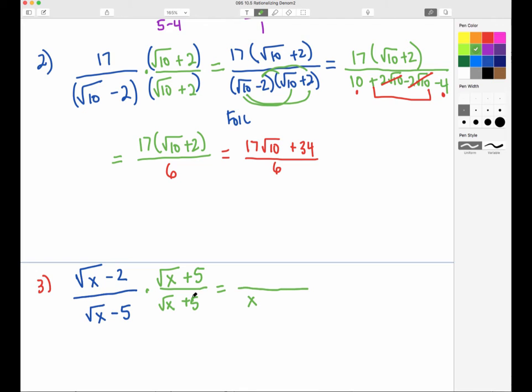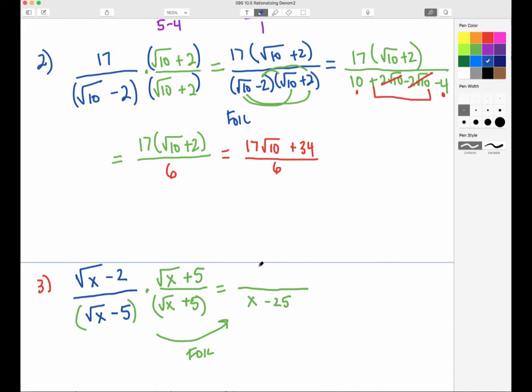The 5 times the 5 is a 25, but always put in a minus sign. And so basically I have foiled the denominator. Here's the parentheses that I was foiling with, and I could quickly get an answer. If you don't trust that this works, go ahead and foil out each step: first, outer, inner, last.